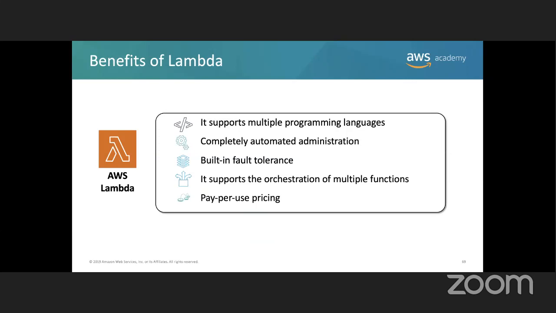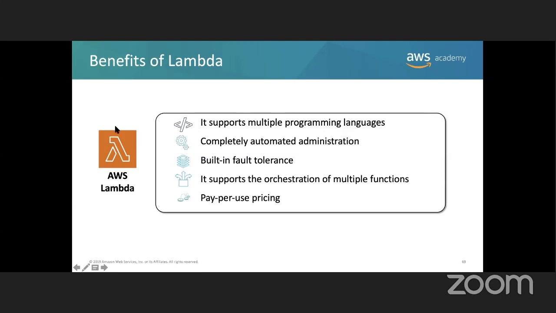Lambda supports multiple programming languages, including Java, Go, PowerShell, Node.js, C#, Python, and Ruby. Your code can use any library, either native or third party. It completely automates the administration, so you can create and automate tasks with it.